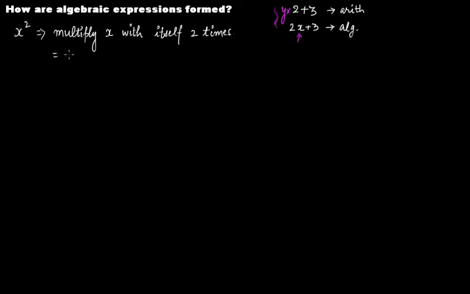That is, it becomes x times x. Multiply x with itself 2 times, and this gives you x squared. We call it x squared, or we say x raised to the power 2.